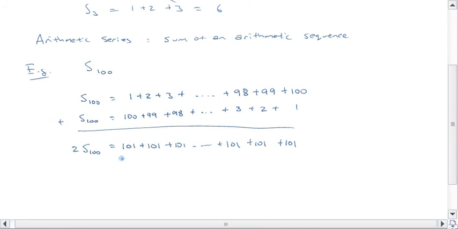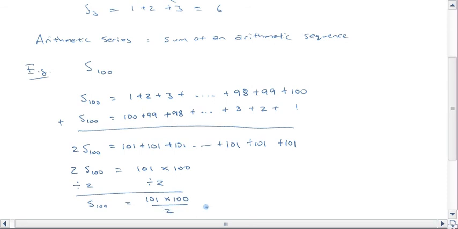So how many times did I do this? Well, there are 100 terms in this sequence. So 2S100 must be 101 times 100. Now I can divide both sides of this equation by 2 to give me S100 is equal to 101 times 100 divided by 2.